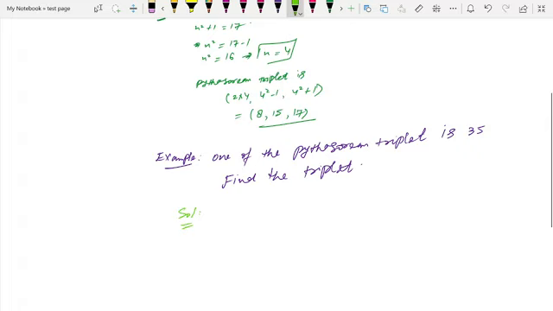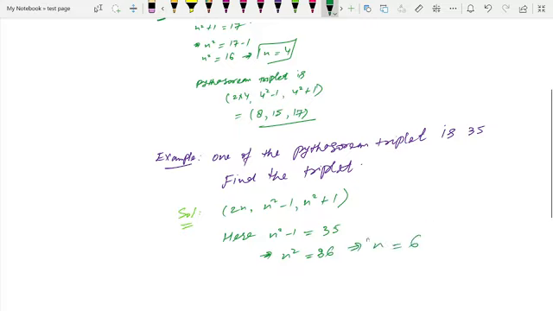On comparison, we see our Pythagorean triplet is 2n, n square minus 1, n square plus 1. 2n cannot be 35. N square minus 1 is definitely going to be 35 here. Here n square minus 1 is equal to 35. It implies n square is equal to 35 plus 1, that's 36. It implies n is equal to 6.